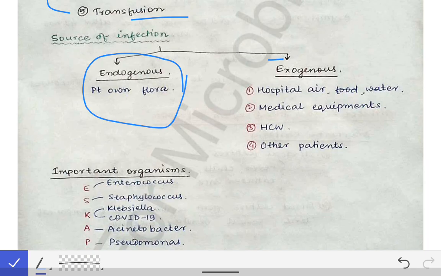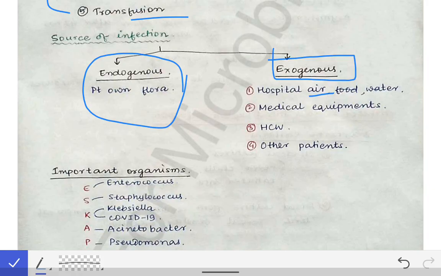Then exogenous sources are also more common. So exogenous sources are like the hospital air. We all know, those who belong to the government medical colleges, they know that the air in the government medical colleges, or in fact the food and water of the government medical colleges, are not that safe.